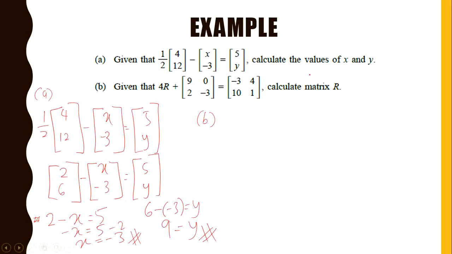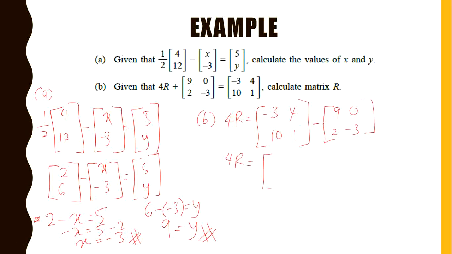Calculate matrix R. Okay, this one is the same as the earlier one. Now we want to find R. So, we move the other matrix first. We leave 4R alone here. So, we move this matrix to here. From addition, moving it across becomes subtraction. So we will get negative 3 minus 9 is negative 12. 4 minus 0 is 4. 10 minus 2 is 8. 1 minus negative 3 is 4.